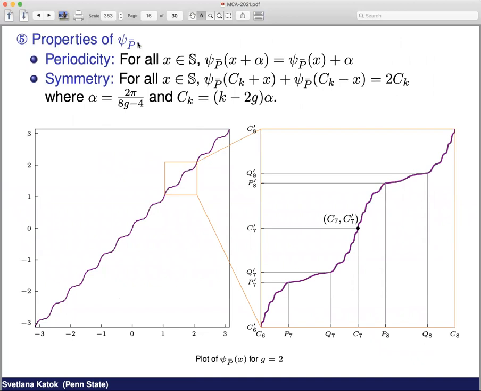P? So we have CP and CQ, and then we will eventually prove that this CP will conjugate FA for all A. Okay, that's the goal. It has a periodicity property, and also it's symmetric with respect to the midpoint of each of these points.